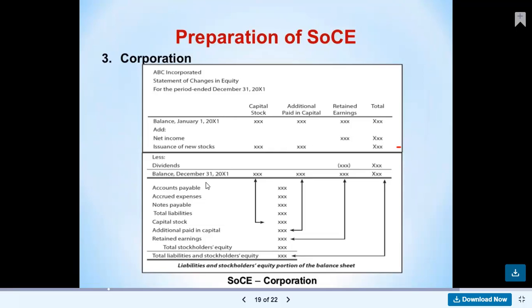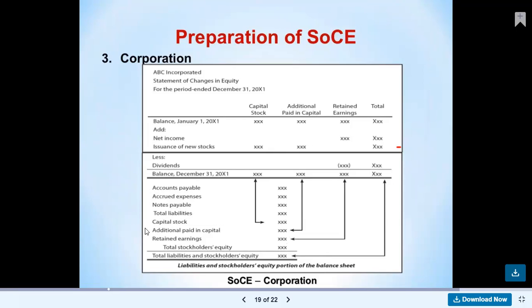So in the liabilities and stockholders' equity portion of the statement of financial position, we have, as you can see, accounts payable, accrued expenses, notes payable, and this is the total liabilities.